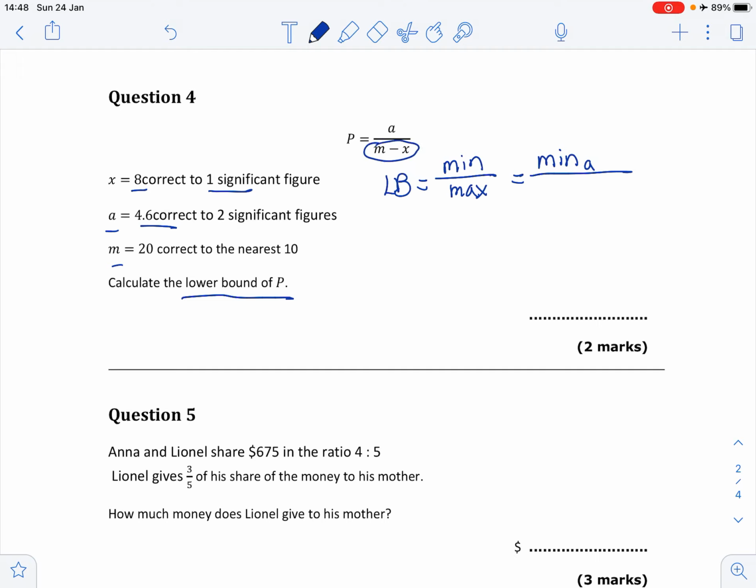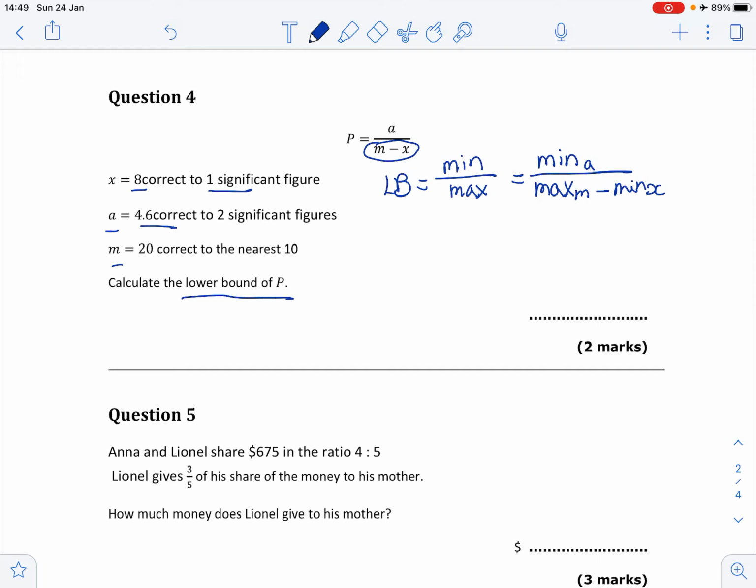So this is a subtraction on the bottom. So to get a maximum value, we need the max number of m minus the minimum number of x to give us the maximum number on the bottom.